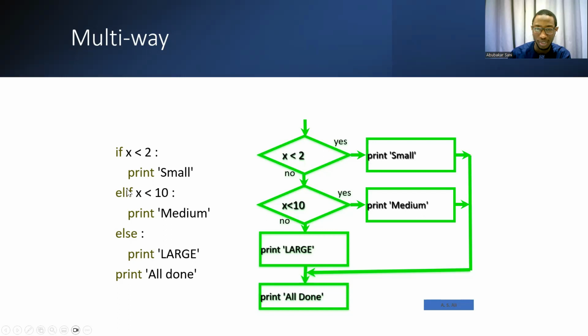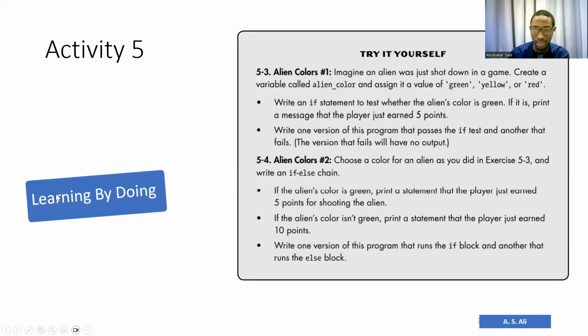Here we use the if combined with elif and then else. The if has the condition x less than 2, and the elif also has a condition defined. But for else, we don't need to define a condition, because it handles every other case as long as these two are false. We call this multi-way.